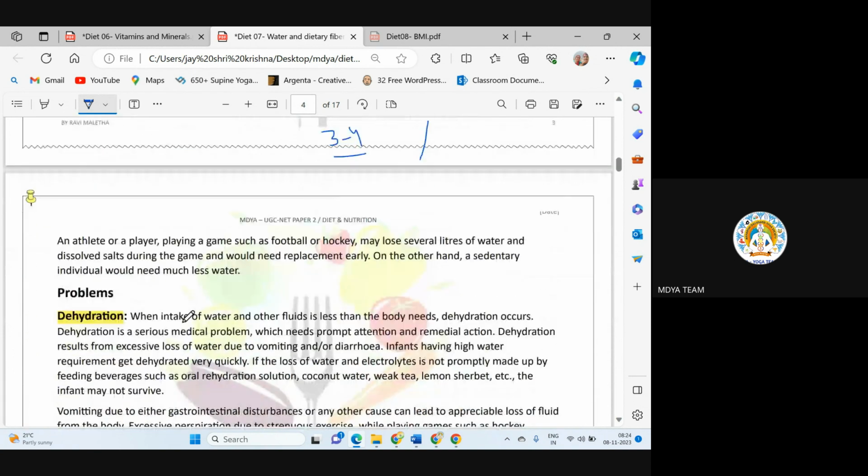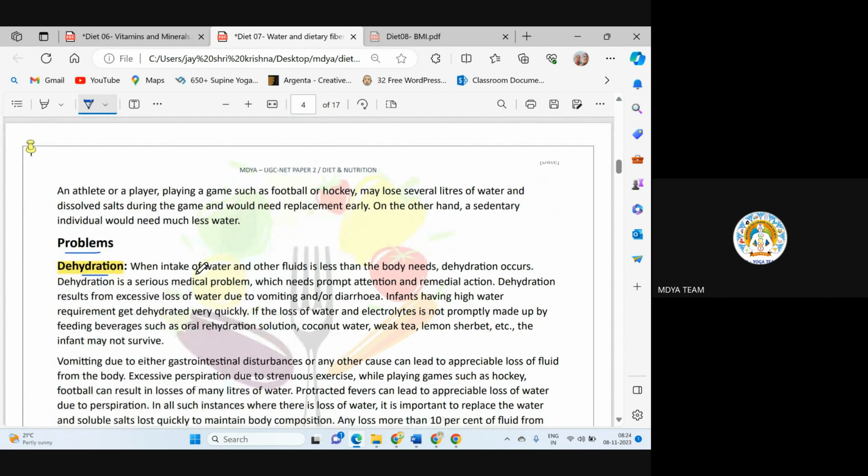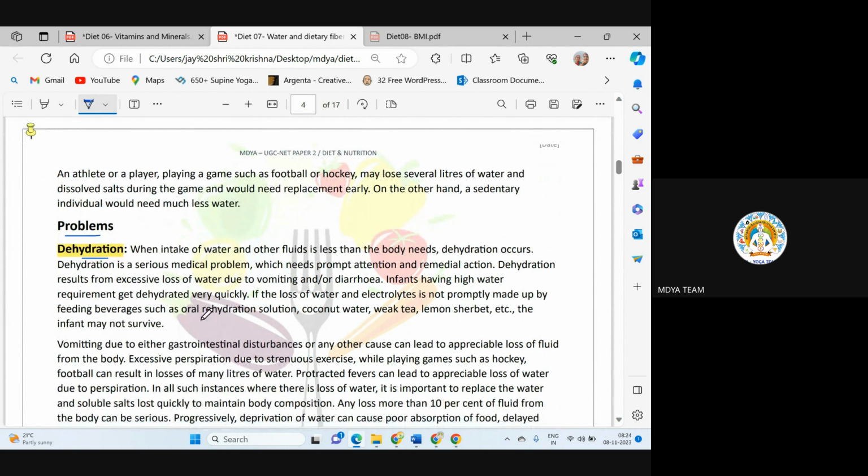Okay, two problems are associated with water. The first one is dehydration. Dehydration means our body has less water than the need of our body. The treatment of dehydration is that you should take water and electrolyte both. Rehydration solutions: coconut water, weak tea, lemon sarbat.